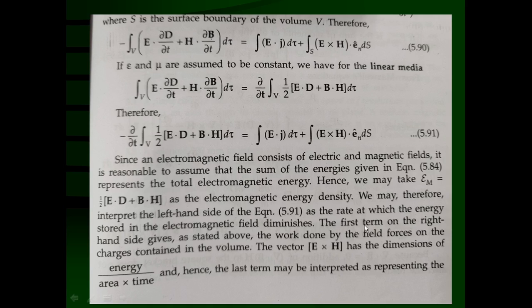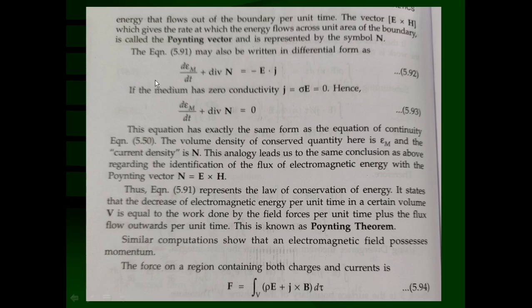Now the right hand side. The first term on the right hand side gives, as stated above, the work done by field forces on a charge contained in the volume per unit time, because it is the time rate of the work done. The vector E cross H has the dimension of energy per unit area per unit time, and hence the last term may be interpreted as representing the flux coming out.